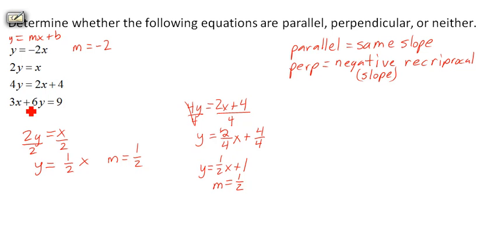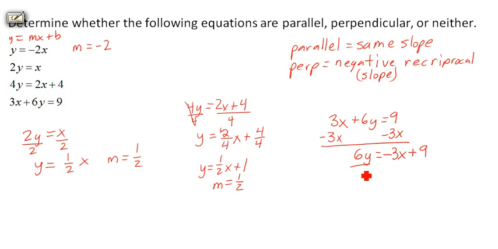Alright, now let's look at the last one. We've got 3x plus 6y equals 9. Again, we want it in slope-intercept form, so let's subtract the 3x. Then we've got 6y equals -3x plus 9. And then we're going to divide everything by 6. Again, everything on the right needs to be divided by 6.